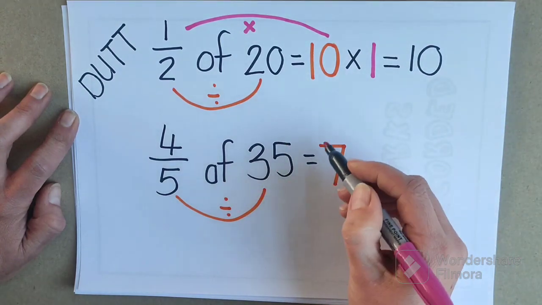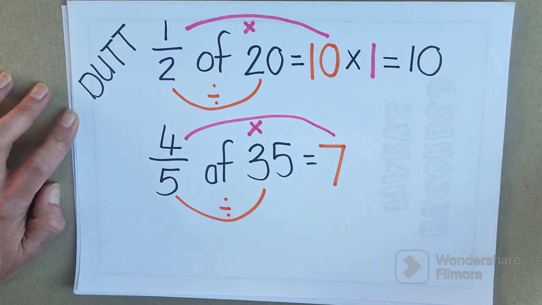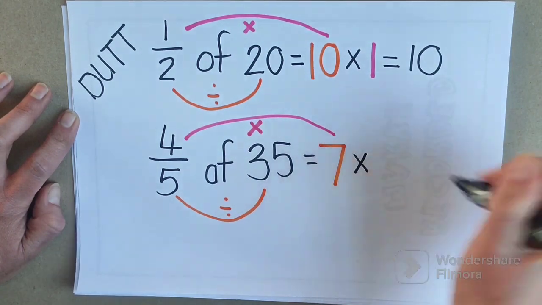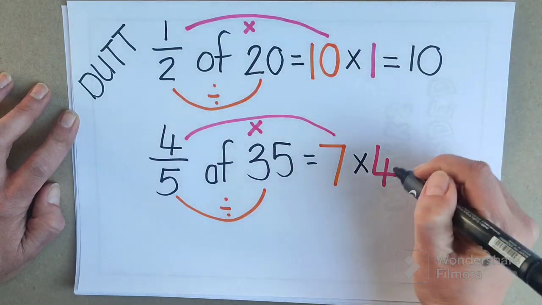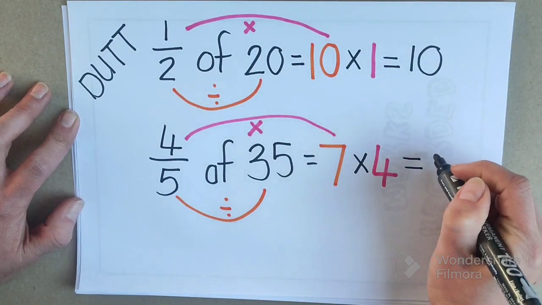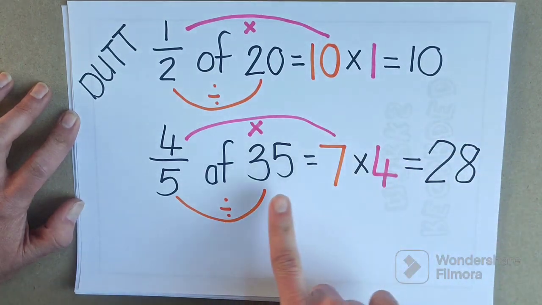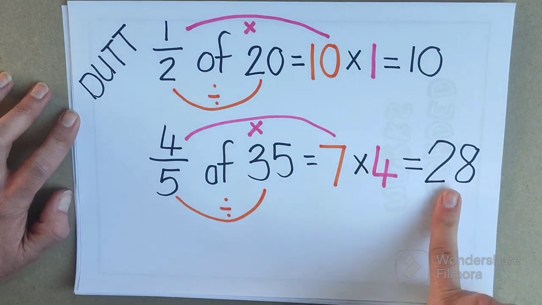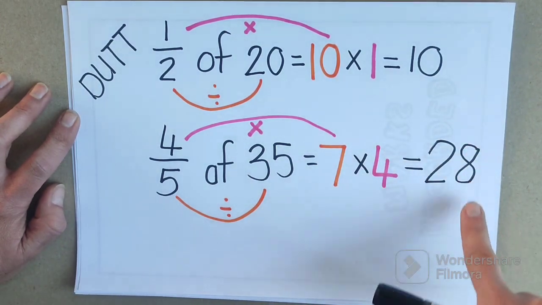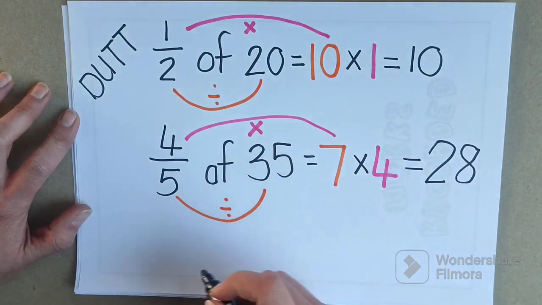So I say 7 times the top number, that's a 4, and 7 times 4, I know, is 28. So when I tell you that you can eat 4/5 of 35, you can eat 28 slices of that full pizza.